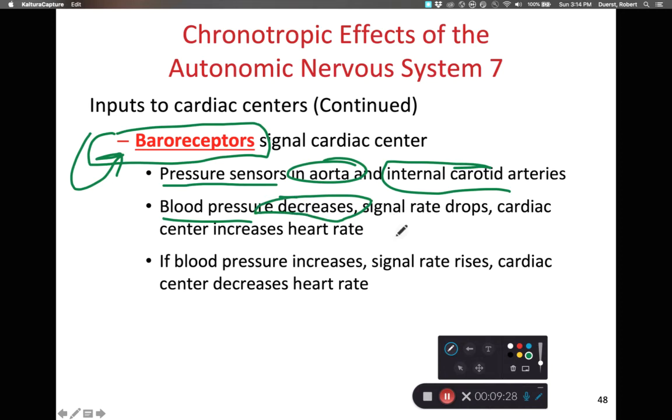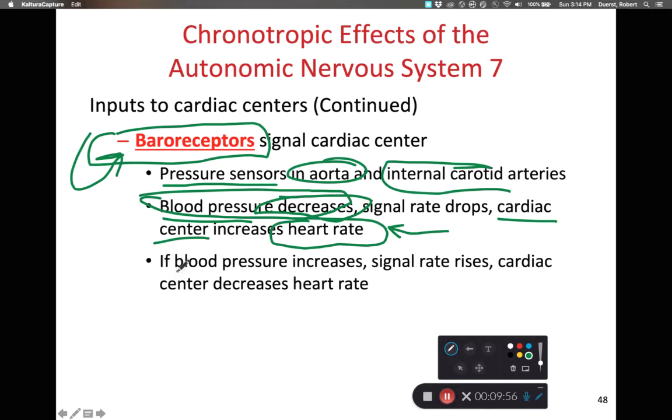If we have a decrease in blood pressure, the signal rate from the baroreceptor is going to go down. And as the signal rate goes down, the cardiac centers within our brainstem are going to cause the heart rate to go up. So if blood pressure goes down, ultimately heart rate goes up.